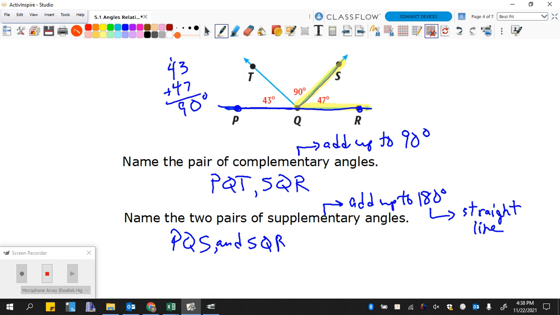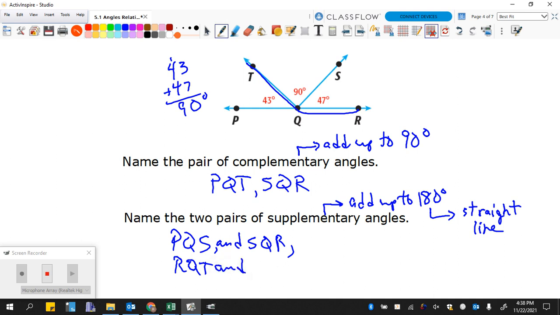All right. The other one would be just going backwards. So we could say RQT, and then what's left?